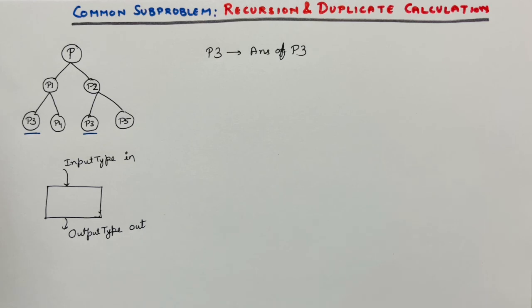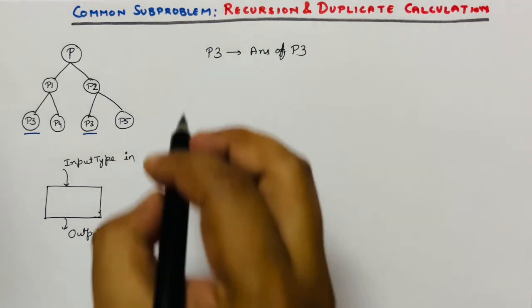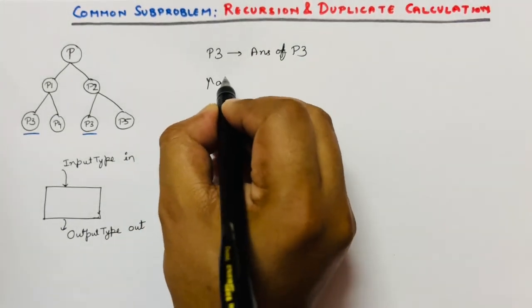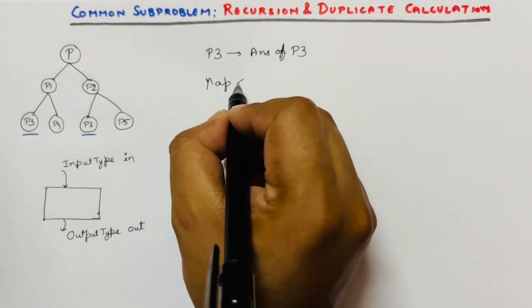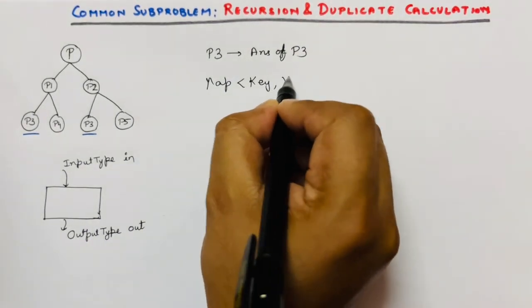Now, how do we do that? What data structure suits us best to store this? That data structure should be fast in storing the result, and it should also be fast in retrieving the result back. What is such a data structure? That data structure is a map. What will be the input? Map is basically a pair of key and value, right?